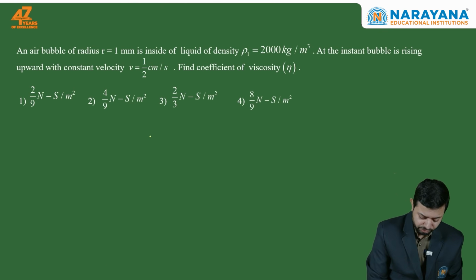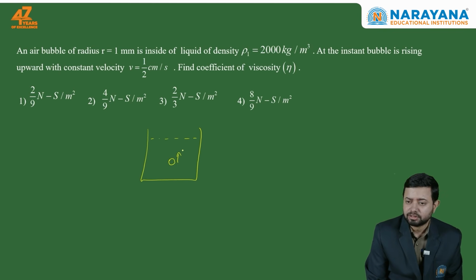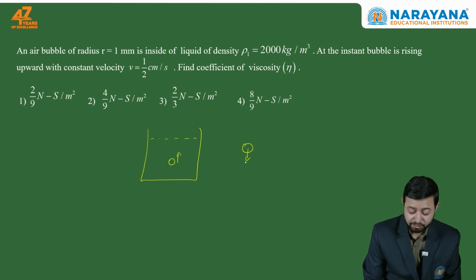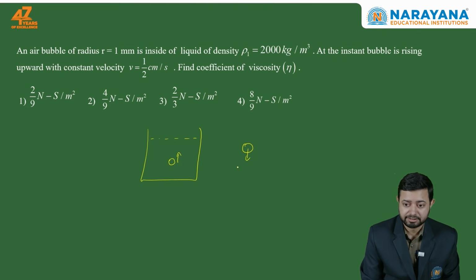Okay, so if you recall the concepts involved here, there's an air bubble and it's going up with a constant velocity. So obviously what forces are acting on it? We have a force acting downward, the gravitational weight. But for the gravitational weight of air, you will take the density of air.